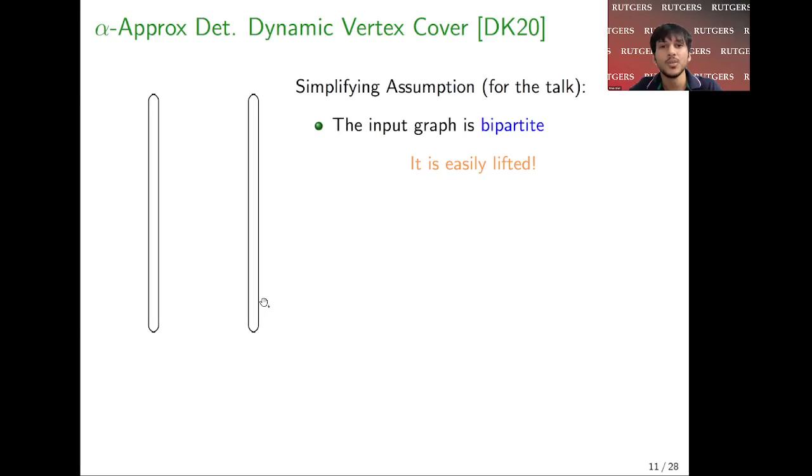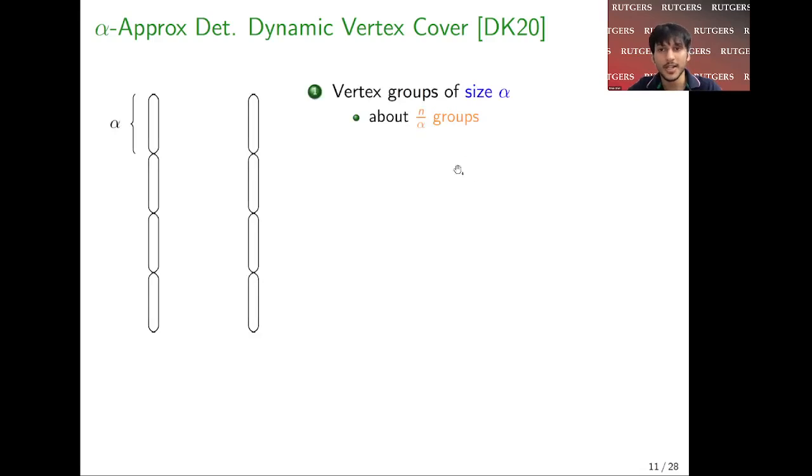And we will start with the Dark and Konrad 20 algorithm that will be helpful to understand what our algorithm is. And one simplifying assumption I want to make here is that the input graph is bipartite, but this can be easily lifted, right? Okay, so let's talk about this algorithm. What do they do? They first partition the vertices into groups of size alpha, right?